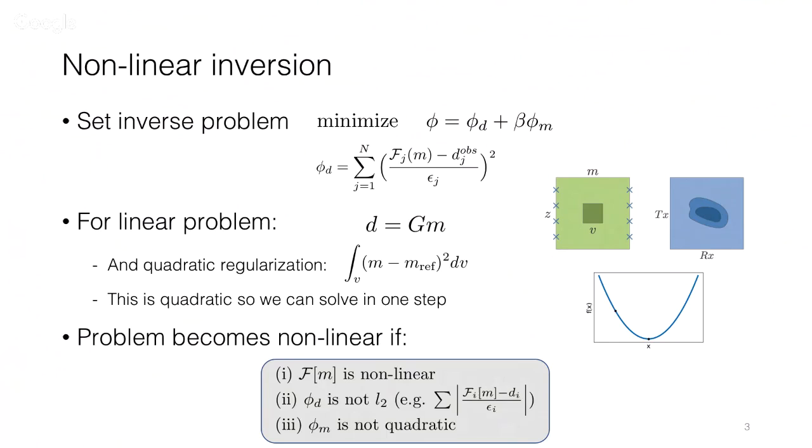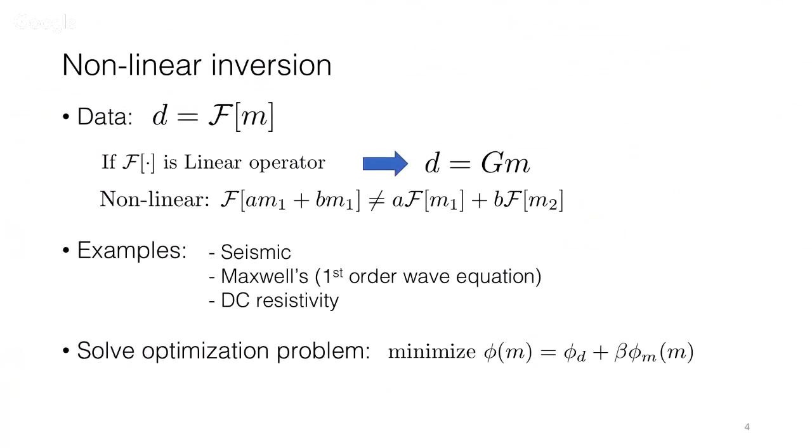And then this quantity here, your phi m, if that's a non-quadratic function, that also changes things. Any of those alterations means that you now have to deal with a nonlinear problem. That was our definition of the nonlinear problem: if we took this and it did not equal that, then we say it's not linear.